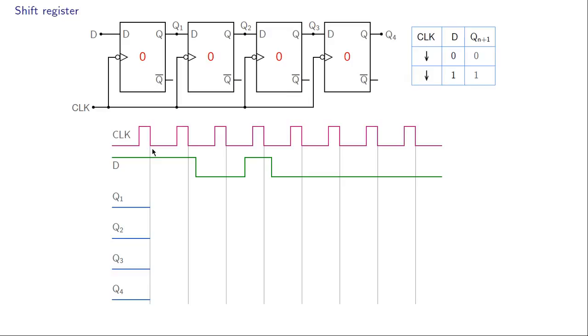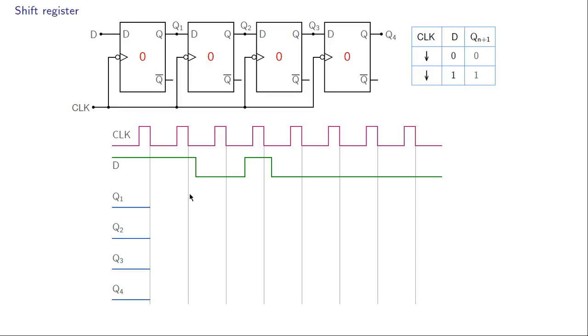Remember, we have to look at the D input of each flip-flop just before the active edge. Now for this flip-flop, the D input is this D here, that waveform, and just before this active edge, its value is 1. So therefore, Q1 is going to change to 1, and then it's not going to change up to the next active edge.